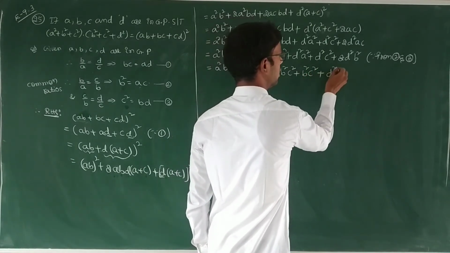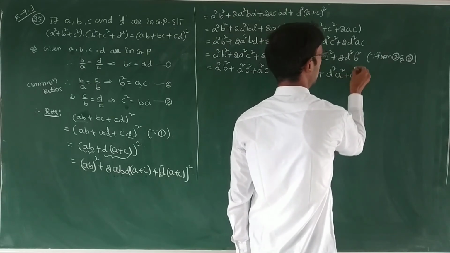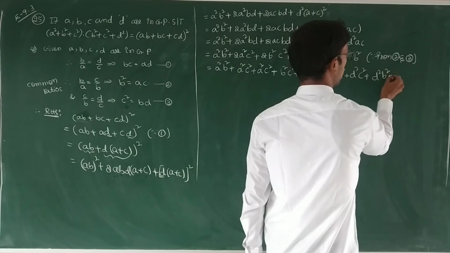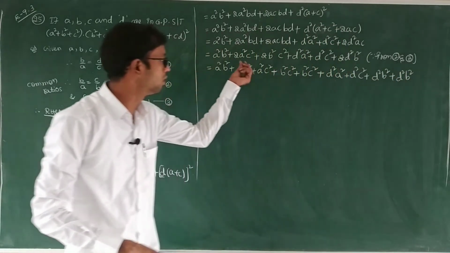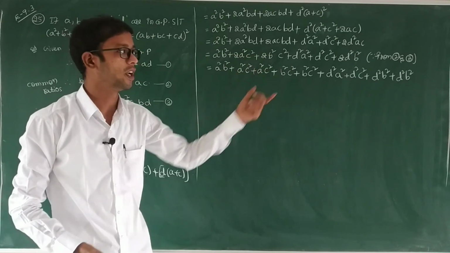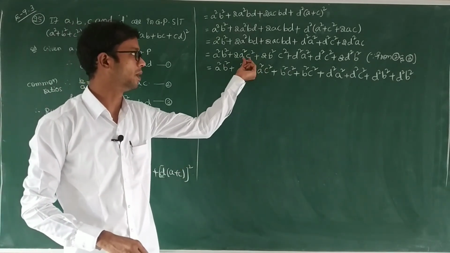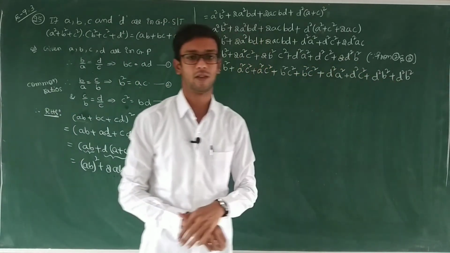Next remaining as it is: D square A square, D square C square, plus D square B square plus D square B square. The two-number terms I am splitting into two terms each.